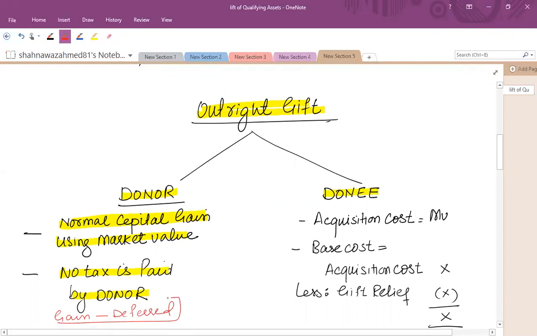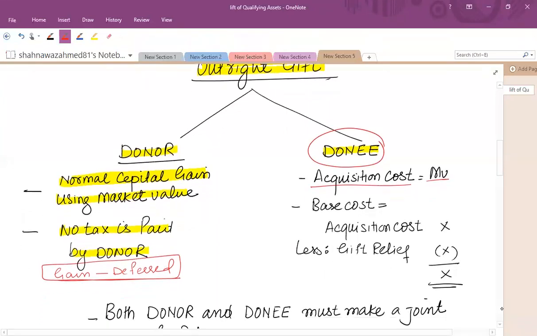The gain is deferred. And from the donee's point of view, the donee has received that asset at the acquisition cost, which is equal to the market value. But we have to calculate the base cost, and base cost is the acquisition cost, which is the market value, minus the gain deferred. So this is the calculation of base cost.